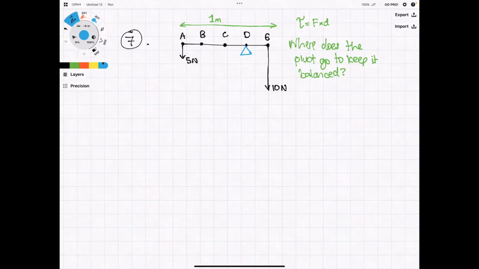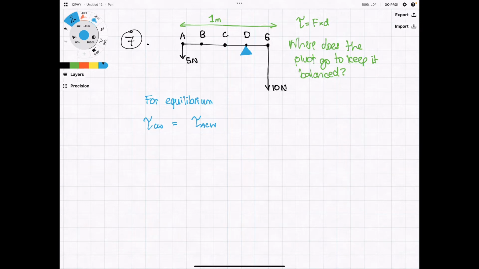We can say that with logic, or we can figure it out with maths if we prefer. The way we could figure it out with maths looks something like this. For equilibrium, we have the condition that torque clockwise equals torque anti-clockwise. That would be in balance.